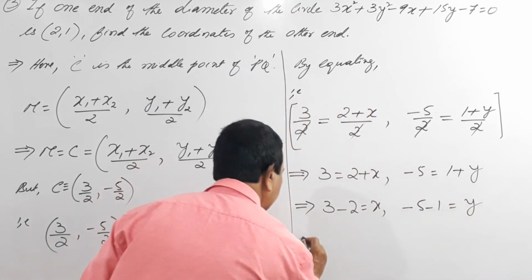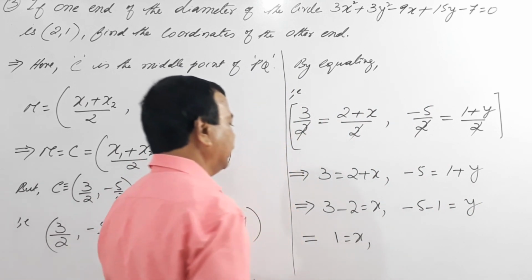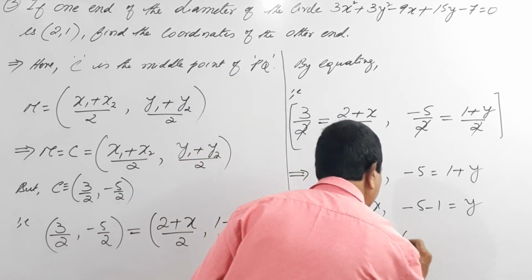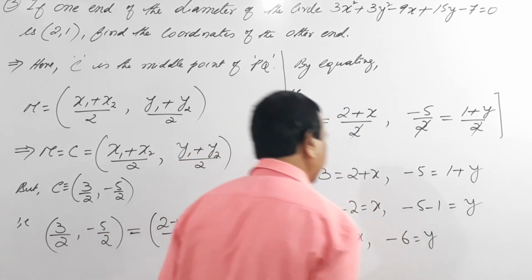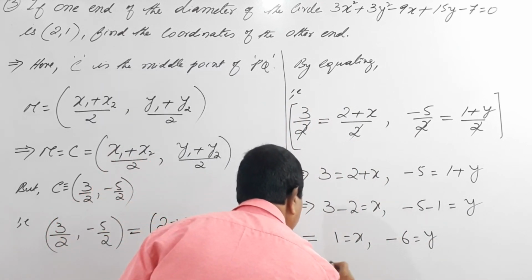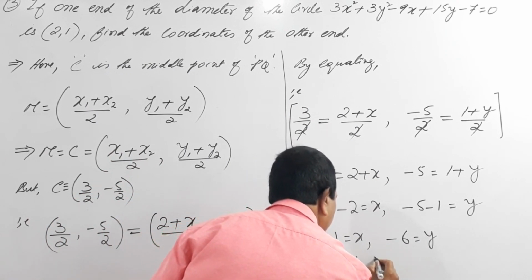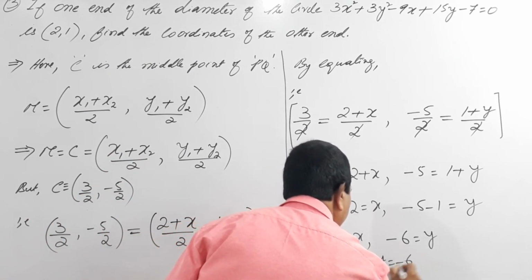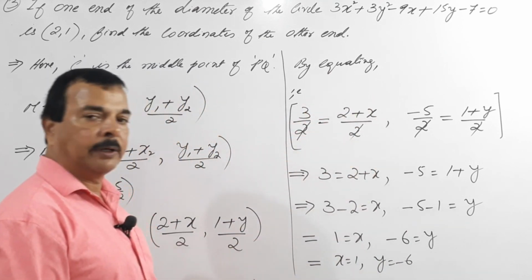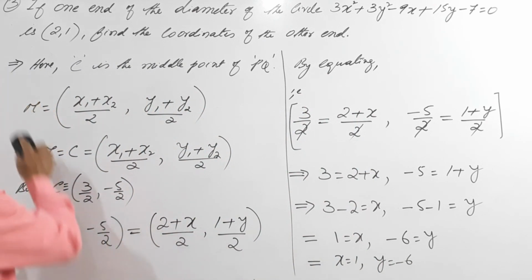So 1 equals x, and minus 6 equals y. So x equals 1 and y equals minus 6. So the coordinate x comma y is nothing but 1 comma minus 6.